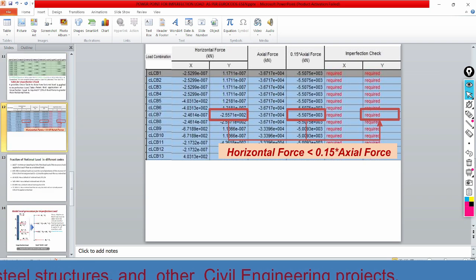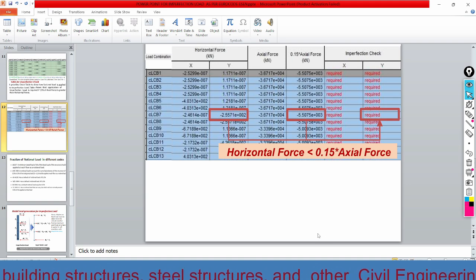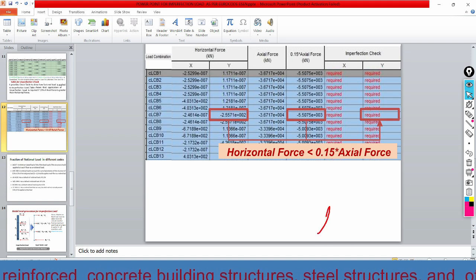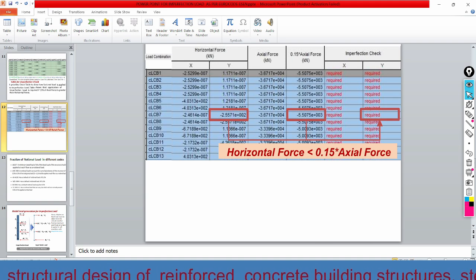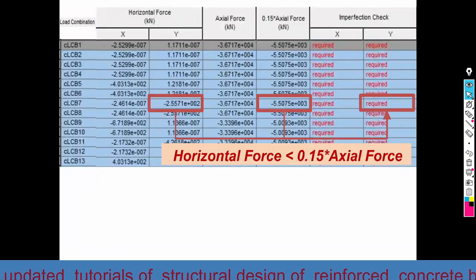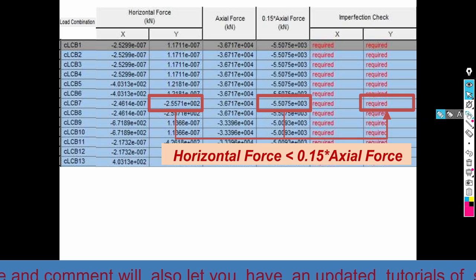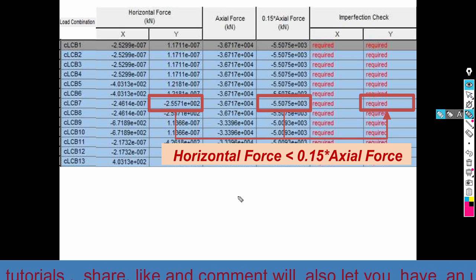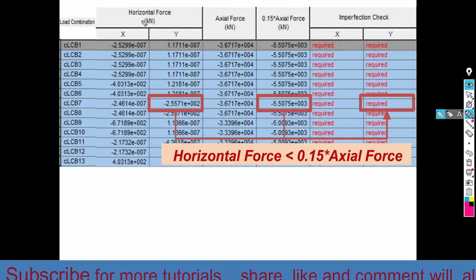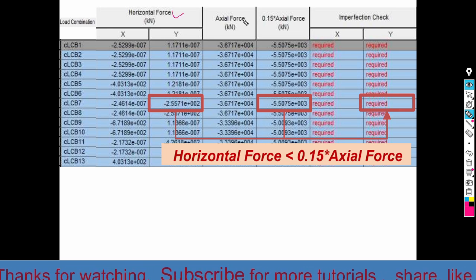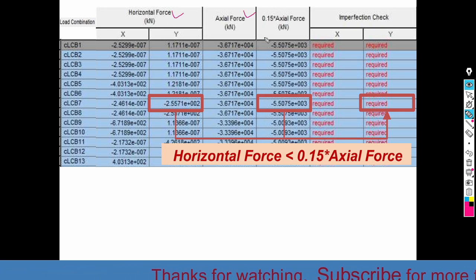So this is one of the examples. Here in this example we show how to calculate the horizontal force, how to calculate the axial force, how to calculate the 50% of the axial force, and here the imperfection check.